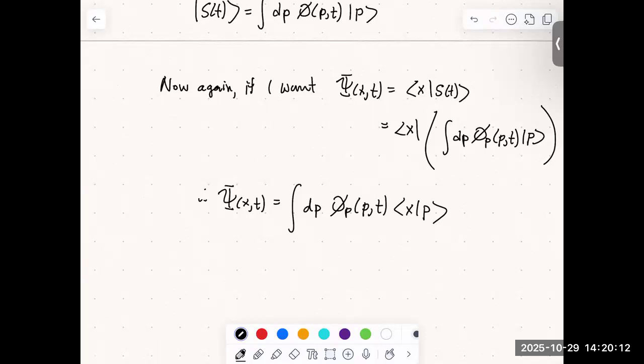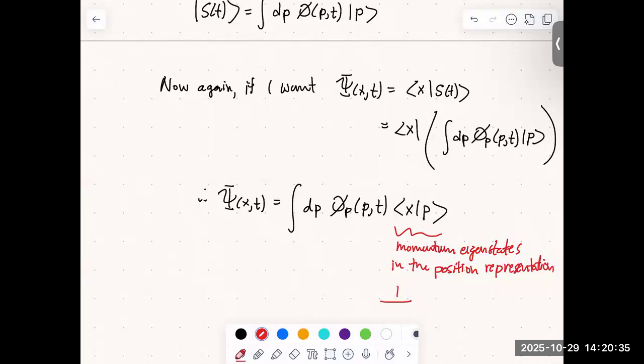But we've worked this out before. These are the momentum eigenstates in the position or x representation. And if you look back in our notes, we worked this out.